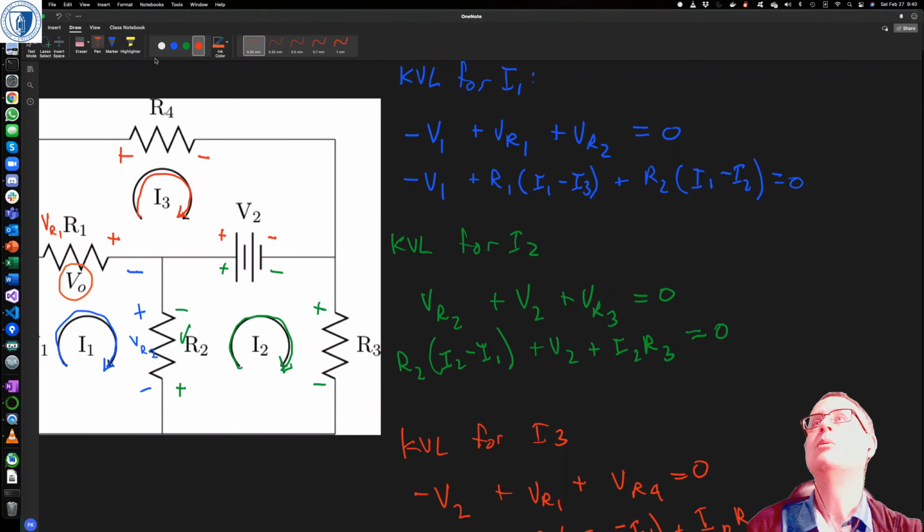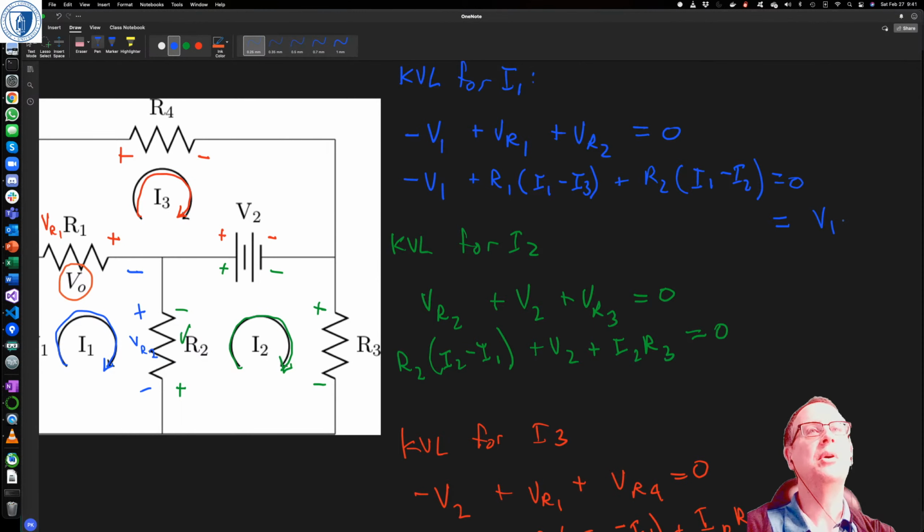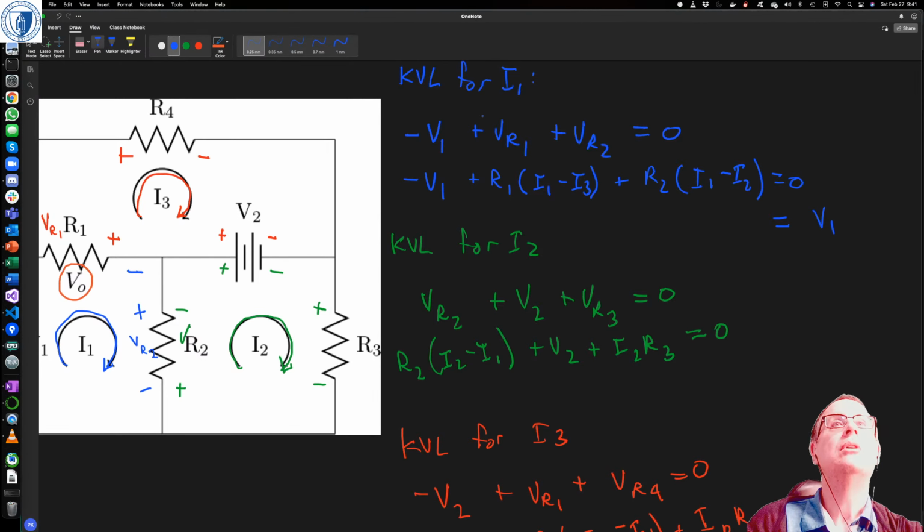Now normally what I do is I get all the constants on the right hand side and all the I's on the left hand side. So here our constant is V1. So if we add V1 to both sides, that brings it over there. And then we look at, we've got I1, I2 and I3.